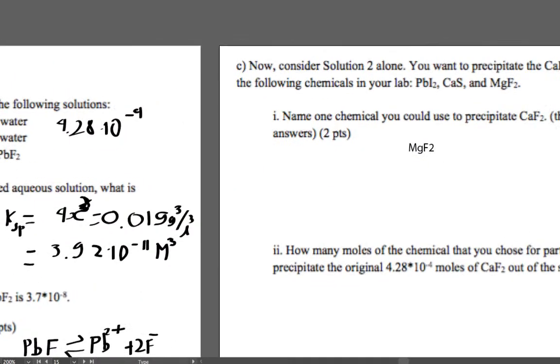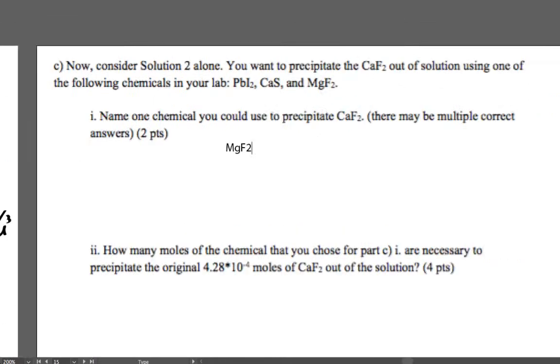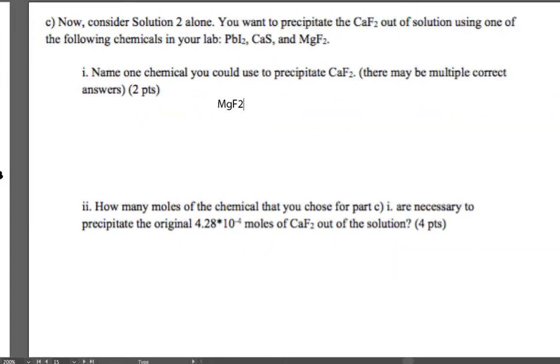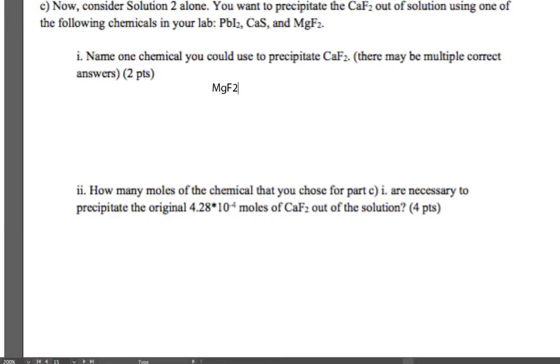At this point, I don't really care. How many moles of the chemicals that you chose for part C I are necessary to precipitate the original 4.28 of calcium fluoride out of the solution? Unfortunately, I don't know. If you want to do this, this is basically the common ion effect. But then, yeah.